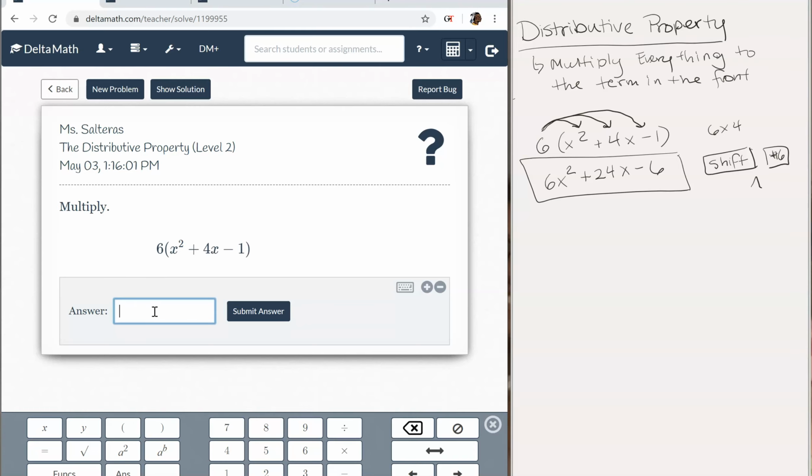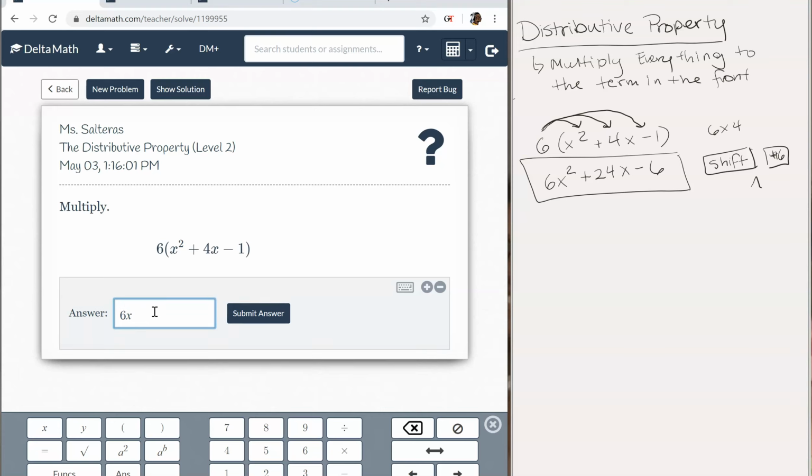So when we write this in, it's going to be 6x, and then hold Shift, press the number 6, and you'll notice that the cursor moves up. That's where you're going to put the 2 for the squared. Use your right arrow to move back to the standard line, plus 24x minus 6. Submit answer, press yes, and you're done.